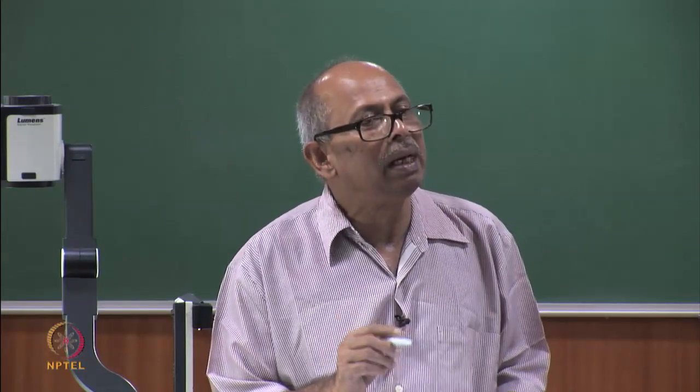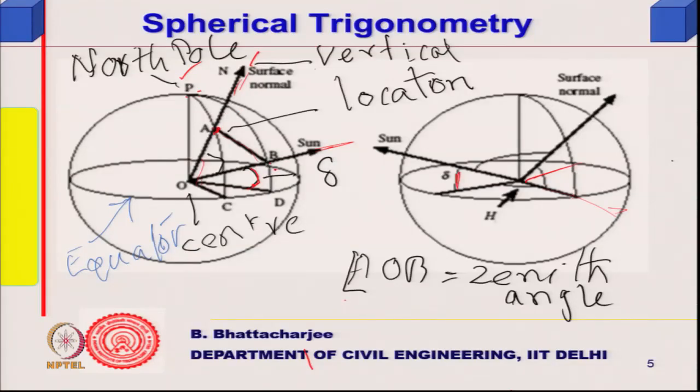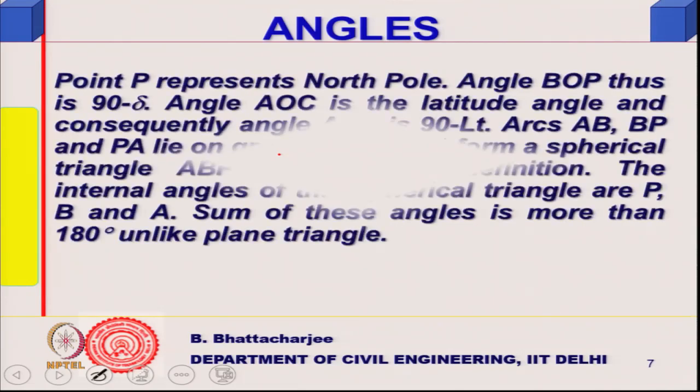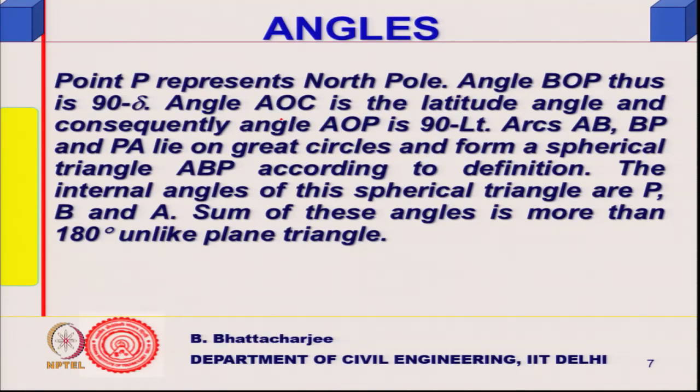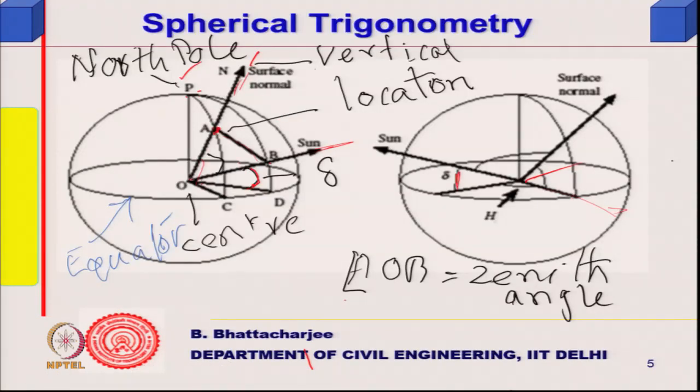So angle BOP is 90 degrees minus declination, 90 degrees minus delta. AOC is the latitude angle: this is my location, this is the equatorial plane, and this is the latitude angle.